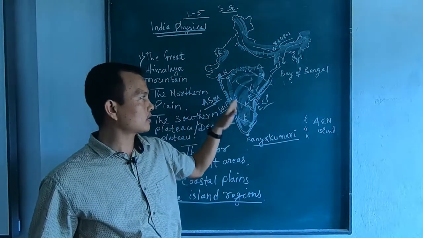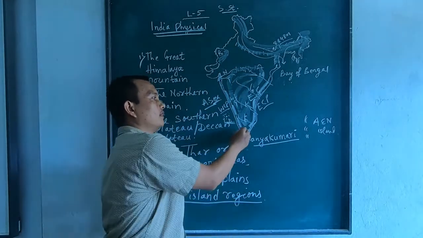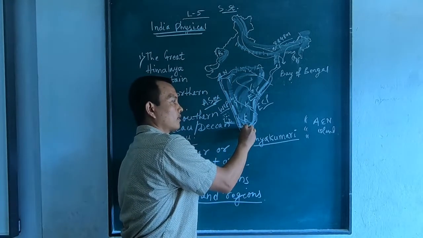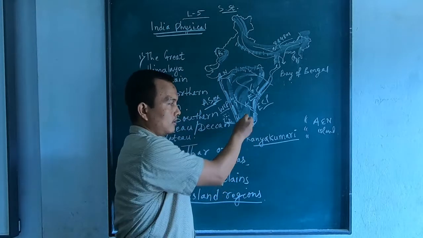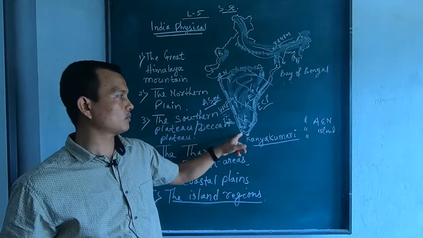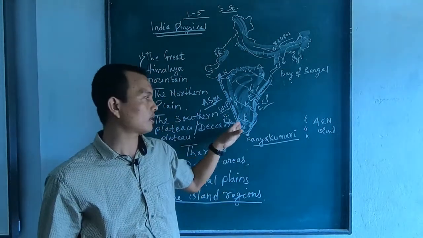Under the Western Ghats, there are the Nilgiri Hills and Coromandel Hills. These are found in Kerala, bordering Tamil Nadu.